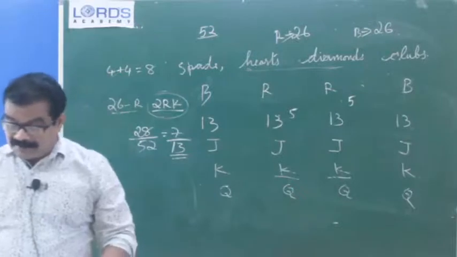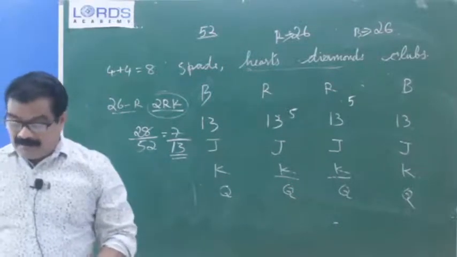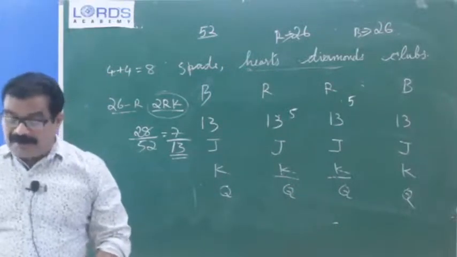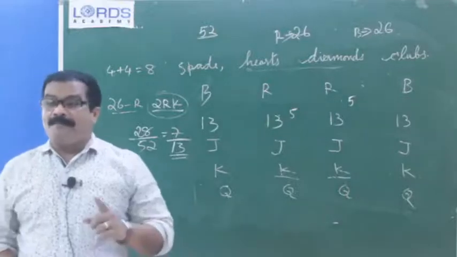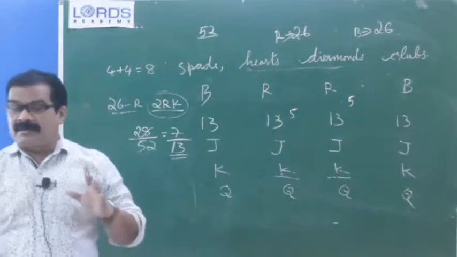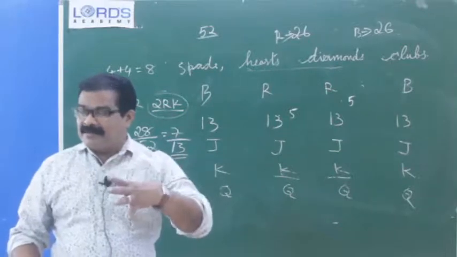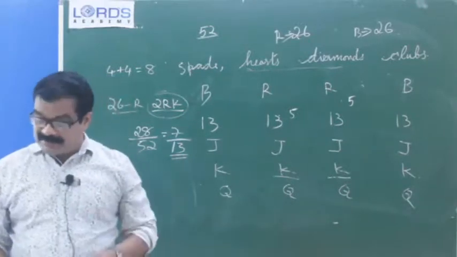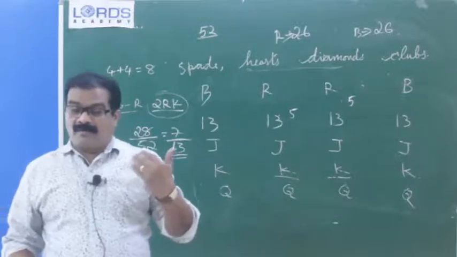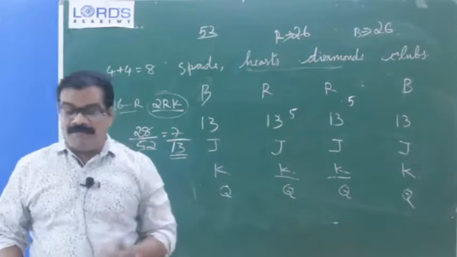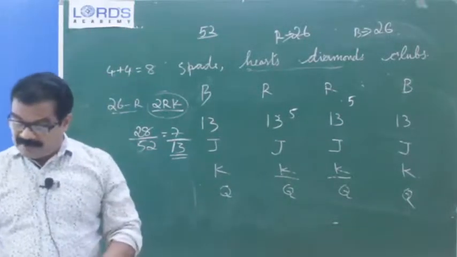So give me the first question that you have to find out. n of s, that is the number of possible cases, that means total possible outcomes. You have to find out the first one.